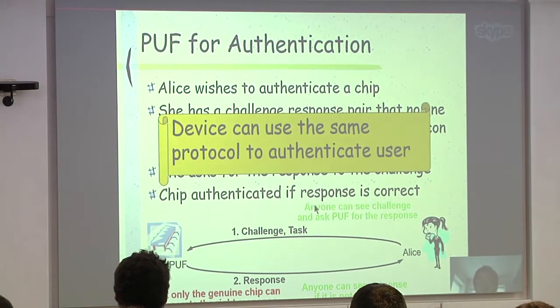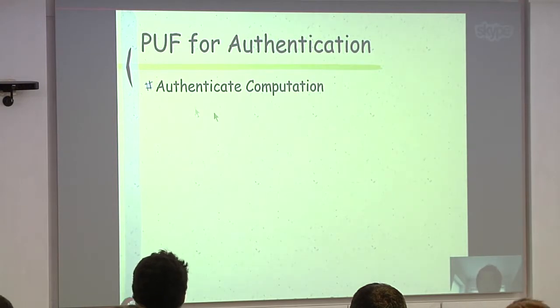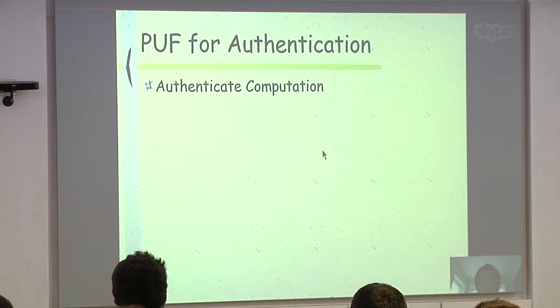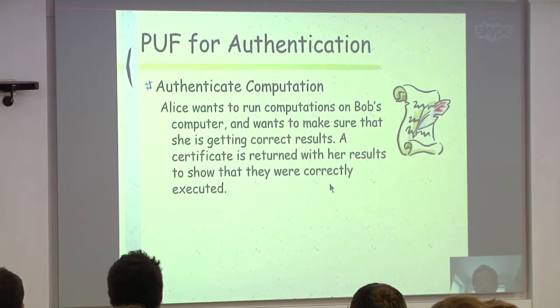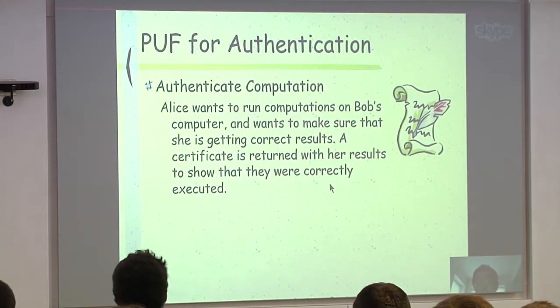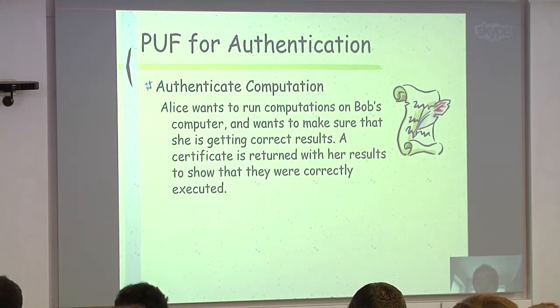Now we talk about more authentications. How can we use PUFs to authenticate computations, particularly cloud computations? If you have a dedicated device, you know that device is doing the computation. But now we move a lot of computation to the cloud. How can you know which server, which system, is doing the computation?